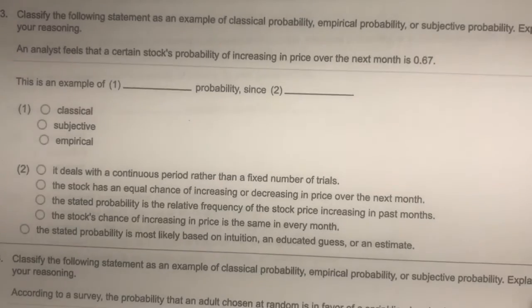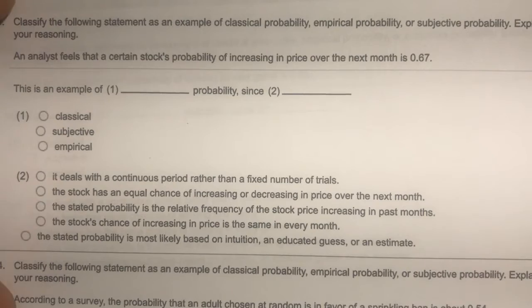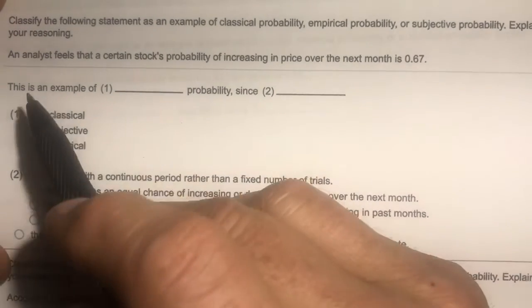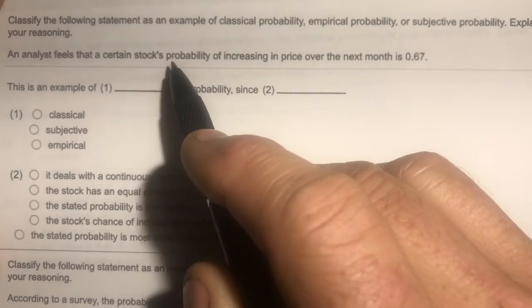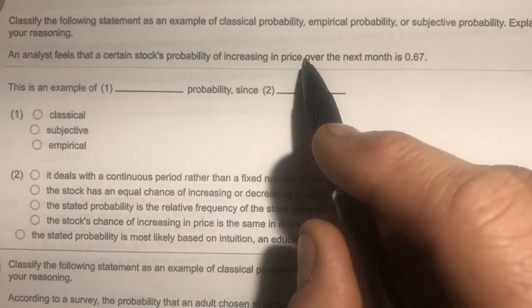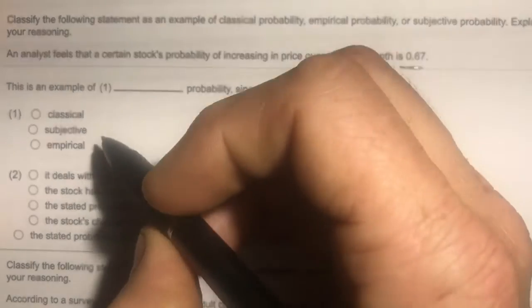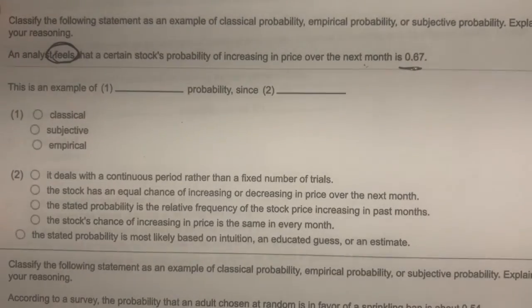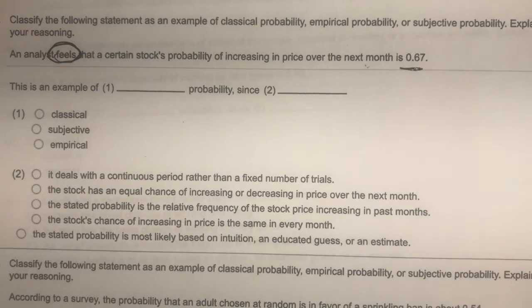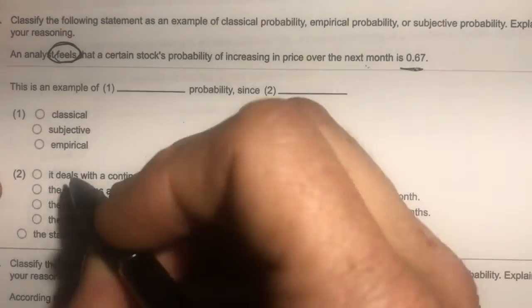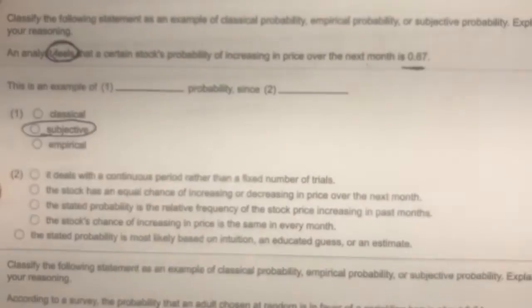All right, what about number 3? An analyst feels that a certain stock's probability of increasing in price over the next month is 0.67. The key word here is that this analyst feels this. He feels it, which means to me this is subjective probability.